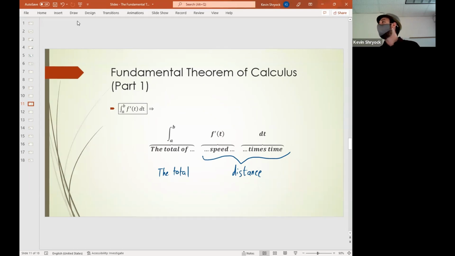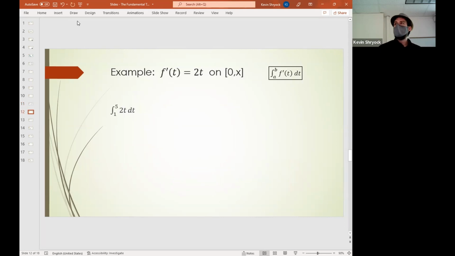Let's do an example, it will help lock it all in. So let's imagine we'll actually give ourselves an equation. Like, let's imagine that this is an equation that means speed. All right, so we're going to play around a little bit. This right here says that I'm trying to find the integral from 1 to 5 of 2t dt.